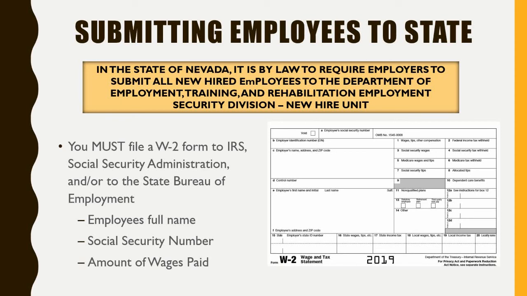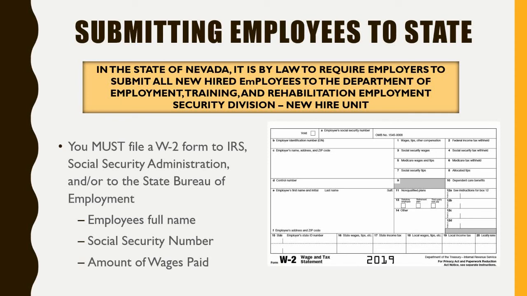Depending on what state you're residing in, in this case we're in the state of Nevada, ours is the Department of Employment, Training, and Resources, known as DETR, okay? And specifically, we're in the employee department, okay? So again, that's just in the state of Nevada.